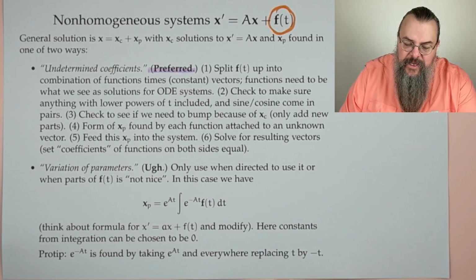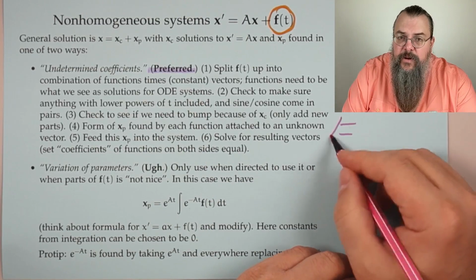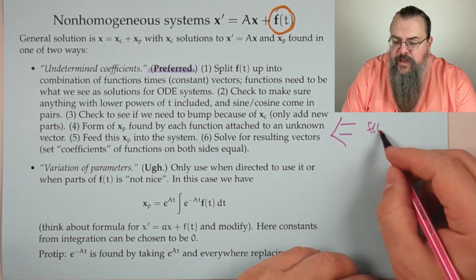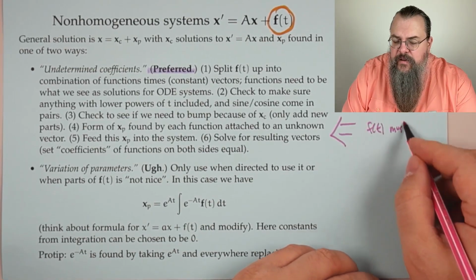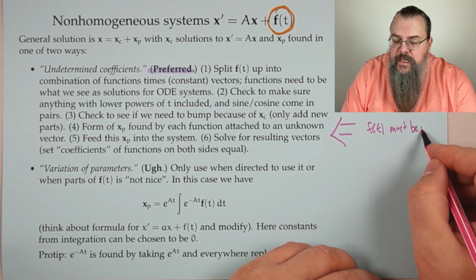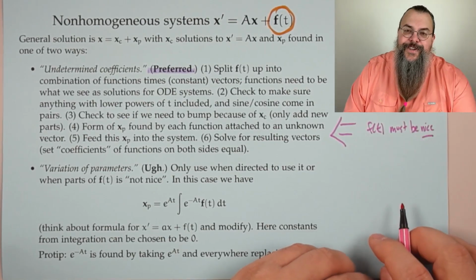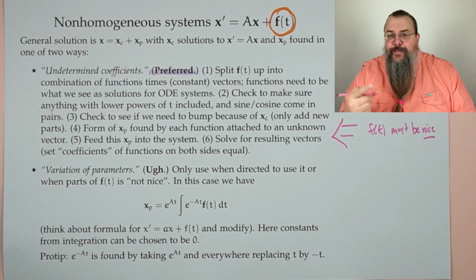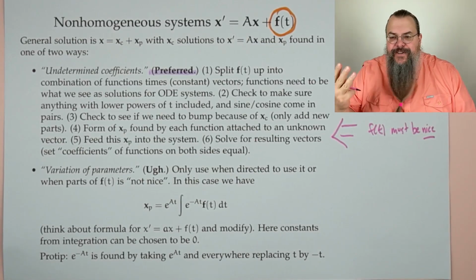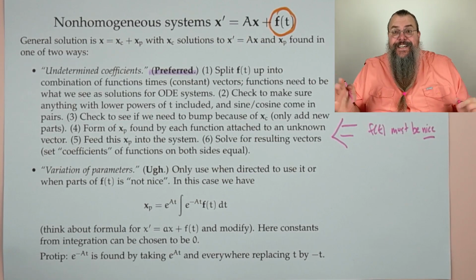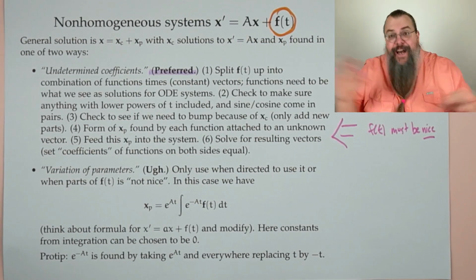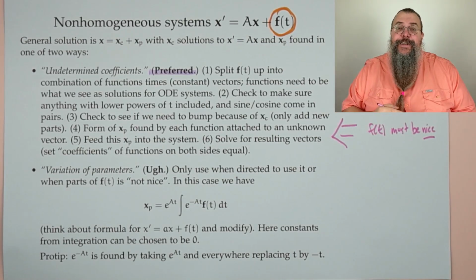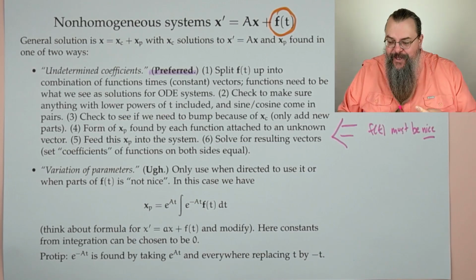In order to use it, f of t must be, and this is a technical term, nice, which is to say, what kind of things can f of t look like? T to a power, exponential, sines, cosines. That's it. If it doesn't look like that, out of luck. That's all right. That's why we have a second method.